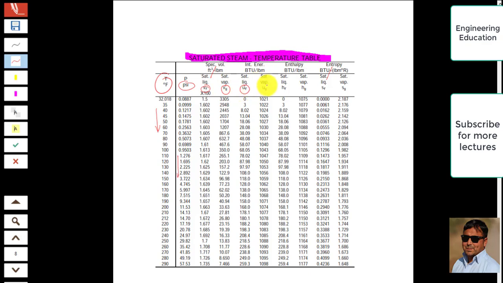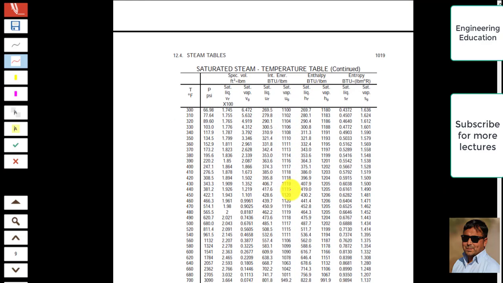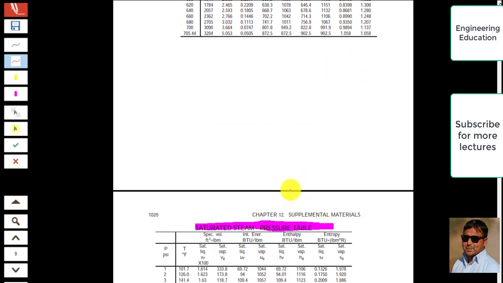Specific internal energy UF, UG are measured in BTU per pound mass, HF, HG, BTU per pound mass, SF, SG, BTU per pound mass per degree Rankine. We can also calculate the values of SFG, HFG, UFG and VFG, just like the previous case, from this table. So these are saturated steam temperature tables, with temperatures in degree Fahrenheit.